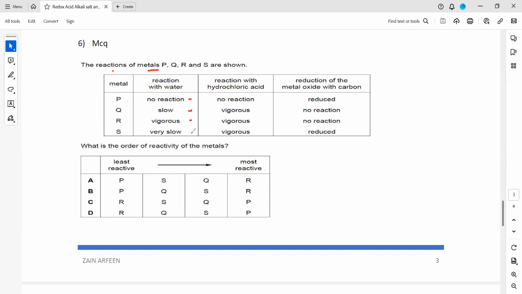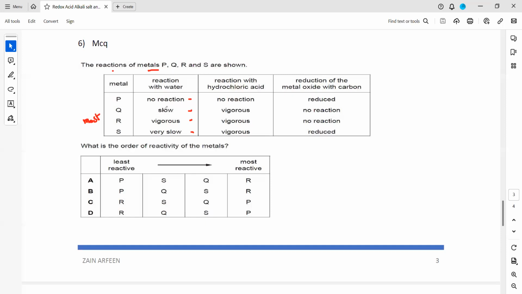Then slow, vigorous, and very slow. Because we want the least reactive to the most reactive, we order them by their reaction with water. The one which is highly reactive will react vigorously, so R is the most reactive according to this series.